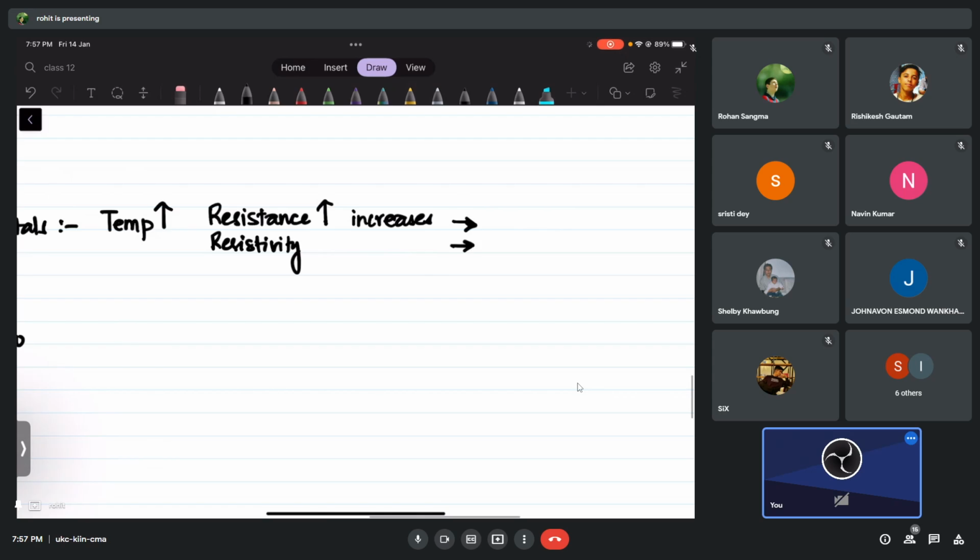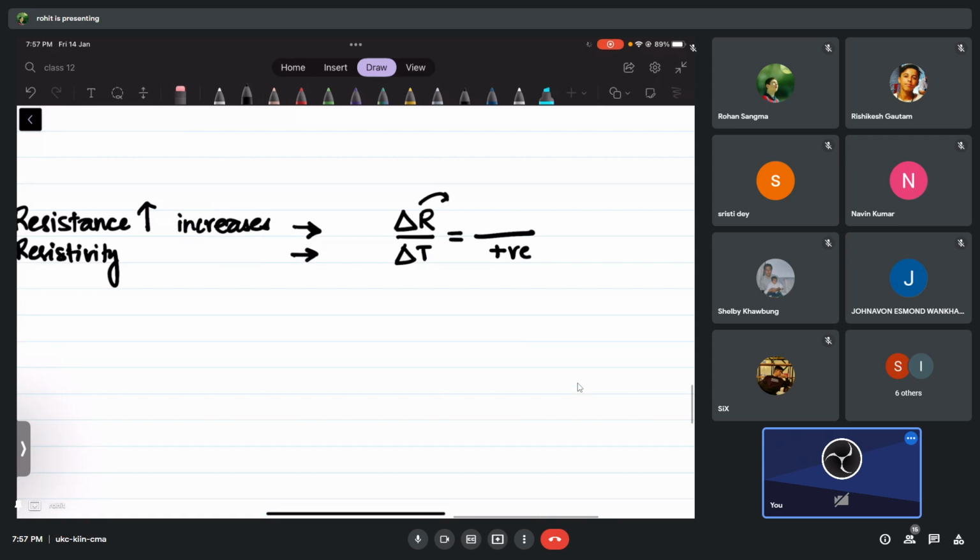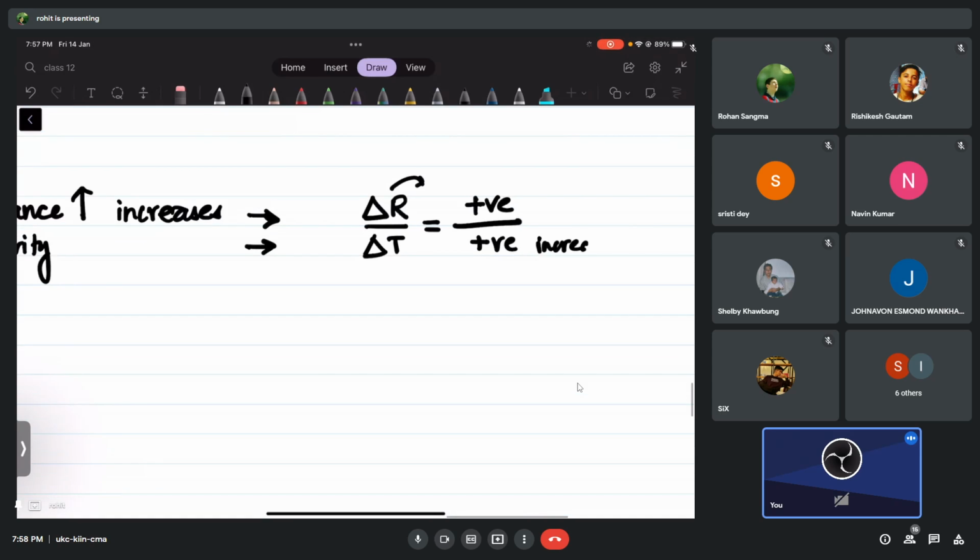If I calculate dR by dT, that means change of resistance with change of temperature, no? If the change of temperature is positive, then the change of resistance is also positive, meaning both increase.